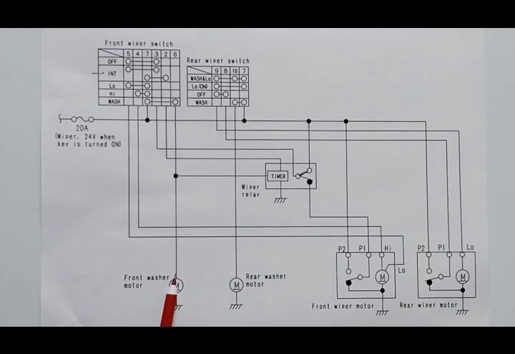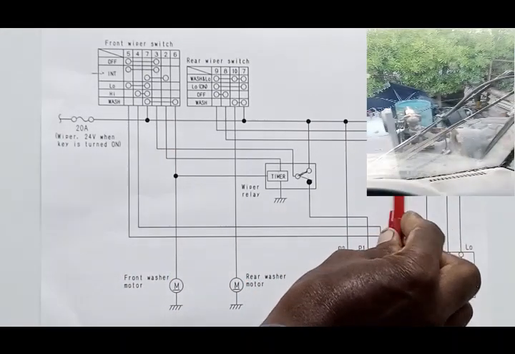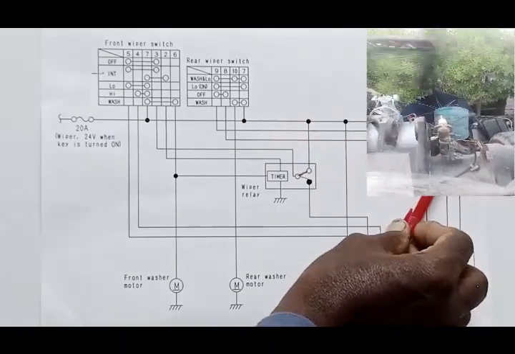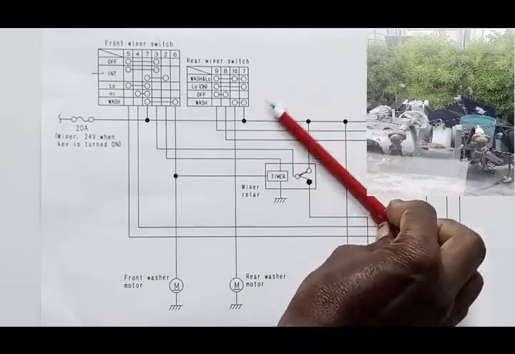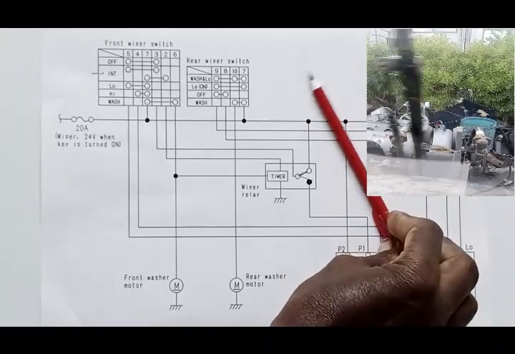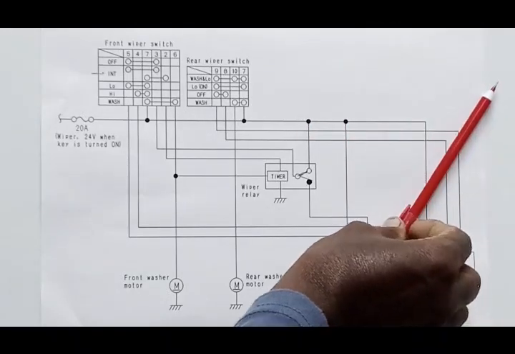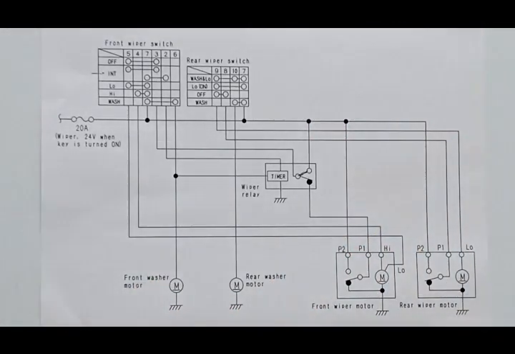When this motor starts, after 0.2 to 0.8 seconds our wiper starts working, 2 to 4 times, and then stops when this motor stops working.